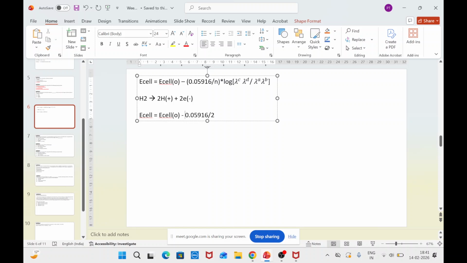Since the number of electrons involved in the process is 2, I'm writing the n value as 2, times log.